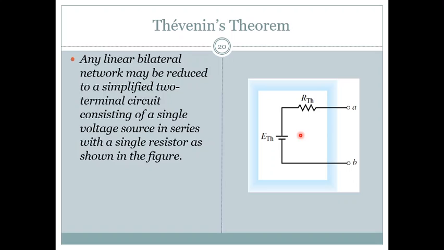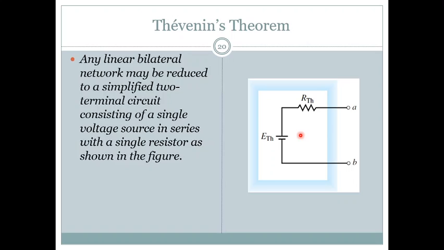So the Thevenin's theorem says any linear bilateral network may be reduced to a simplified 2-terminal circuit consisting of a single voltage source in series with a single resistor, as shown in the figure.